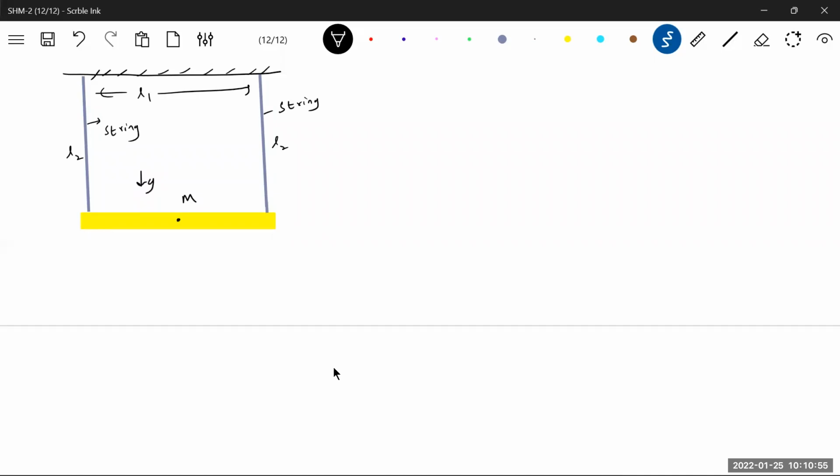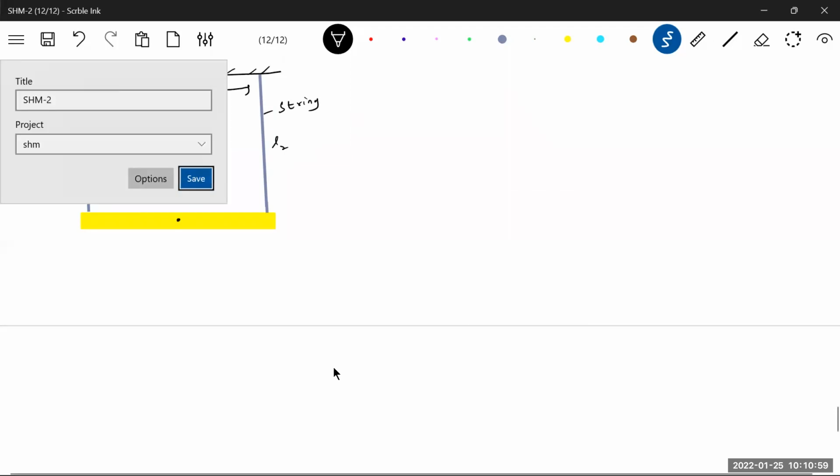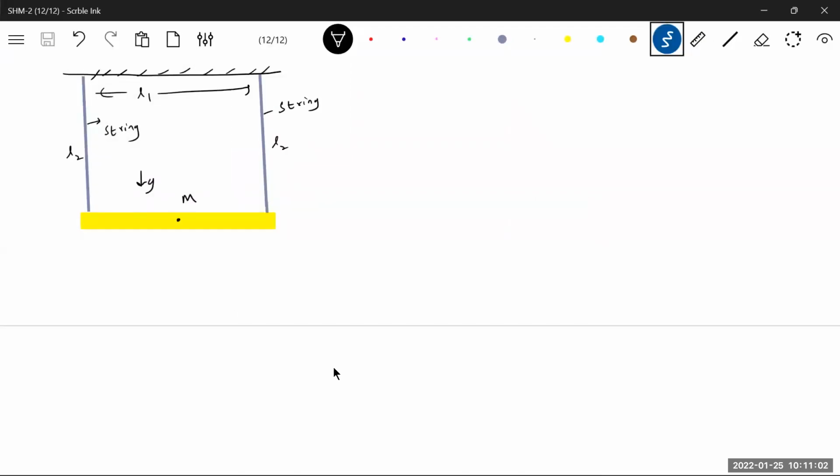What is the time period of oscillations of it? In the XZ plane, find the time period of oscillations of the rod in the XZ plane, meaning it will be twisting.